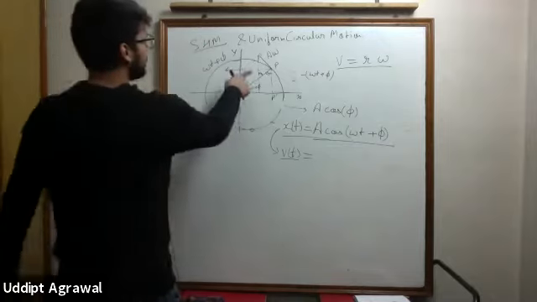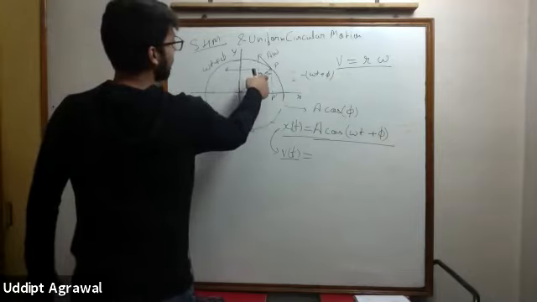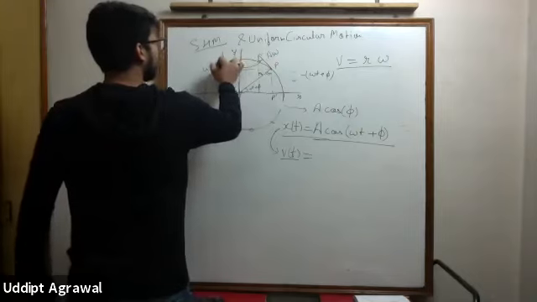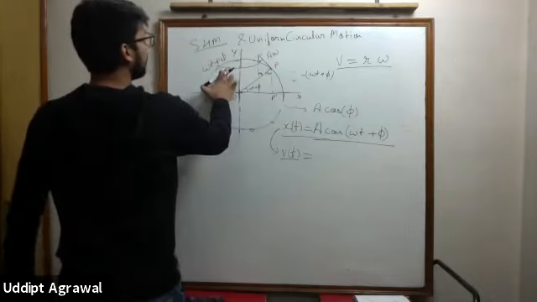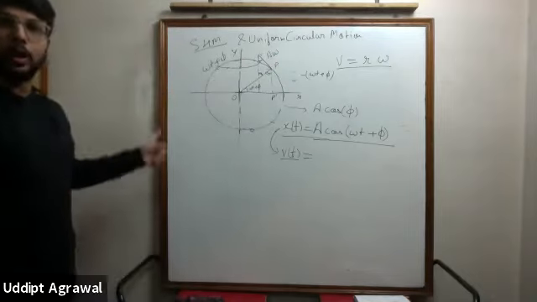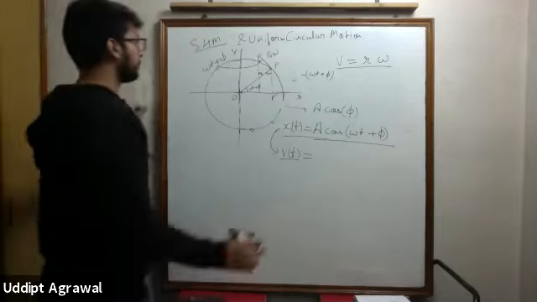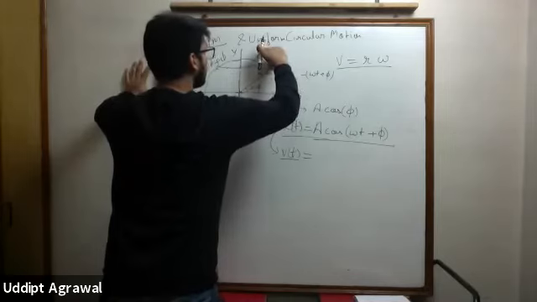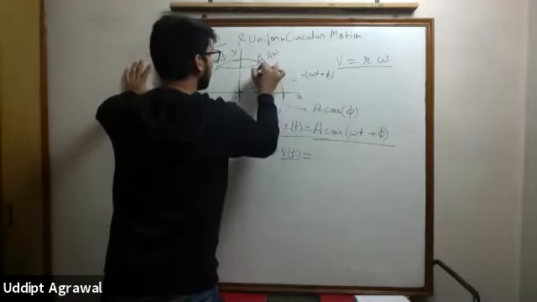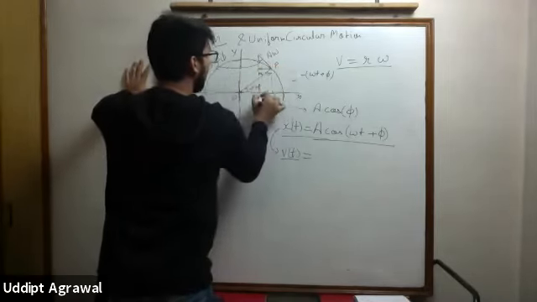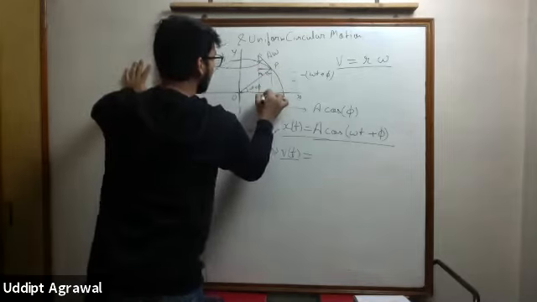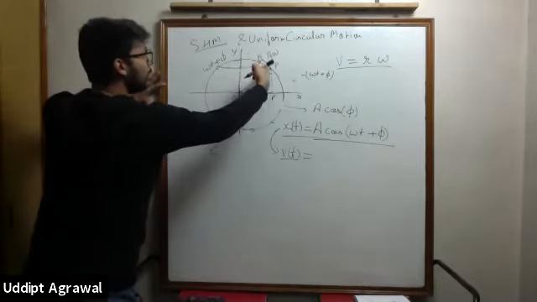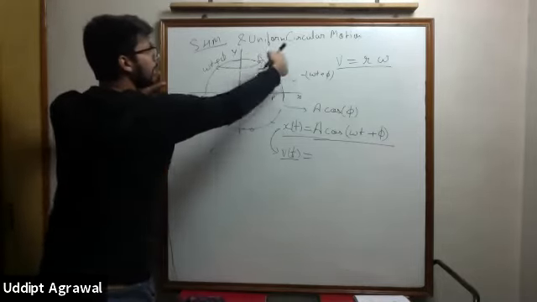Once this angle becomes pi by 2 minus this, the other angle automatically becomes what we want. Got it now? It's fairly simple. Once we get that, and this is my vector, which becomes my hypotenuse, this line becomes a omega sine.